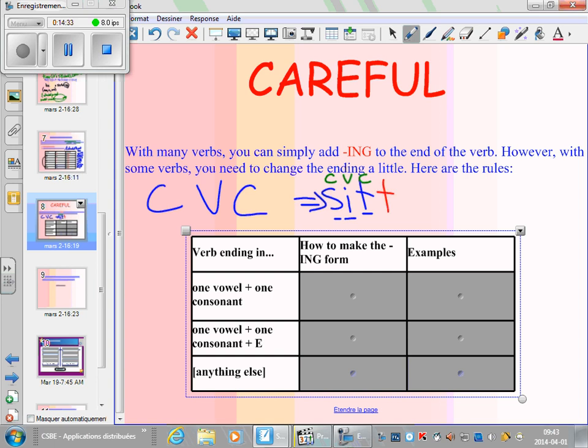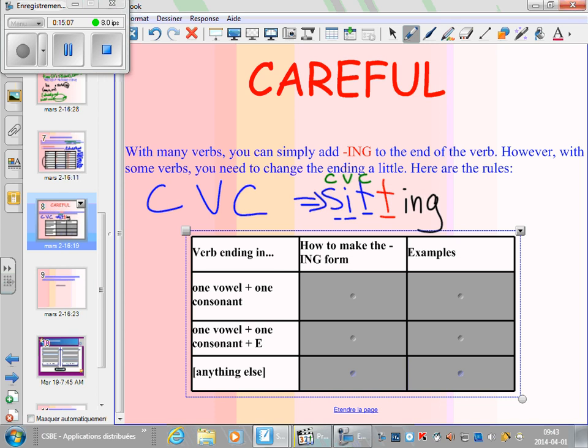You double it, and then you can write your ing ending. It's true for simple past, for present progressive, and present perfect when you're writing the ending of the past participle. So it's true to many, many different verb tenses. Just remember CVC. Okay?